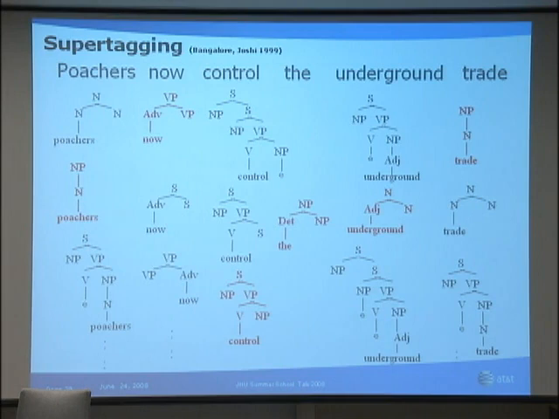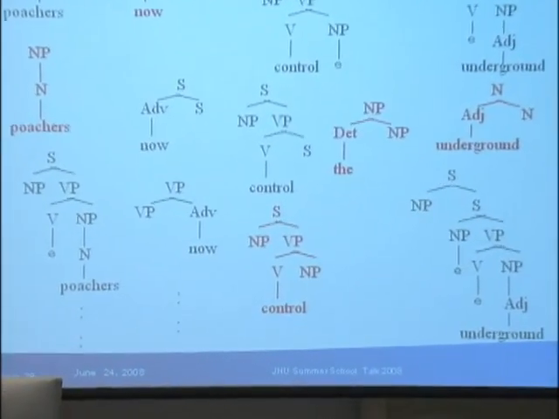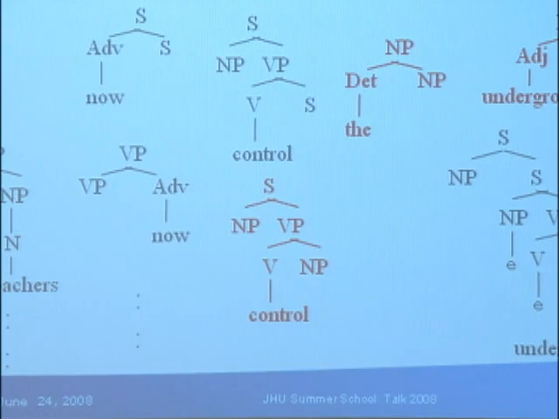Instead of saying that the word "control" is simply a verb, I'm going to say that it is a verb with two arguments, meaning an object and a subject packed into this tag. So there is a subject to the left of the verb control and an object to the right of the verb control. So I have packed more information into a tag.